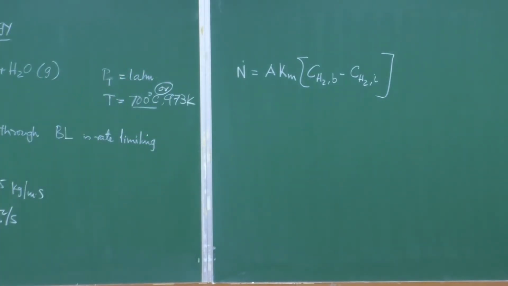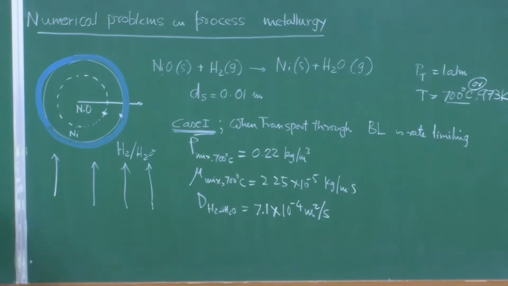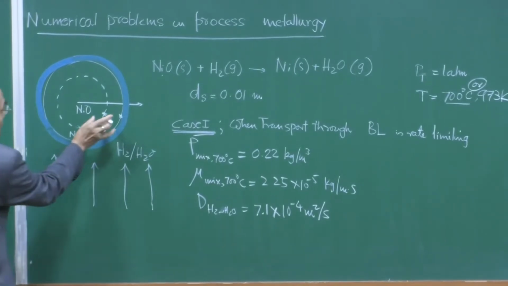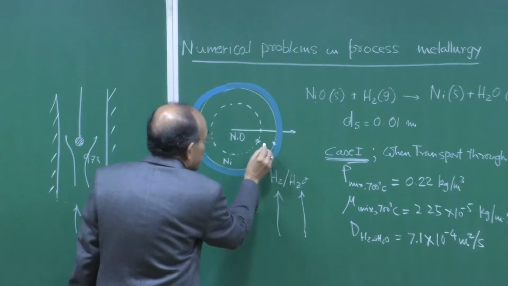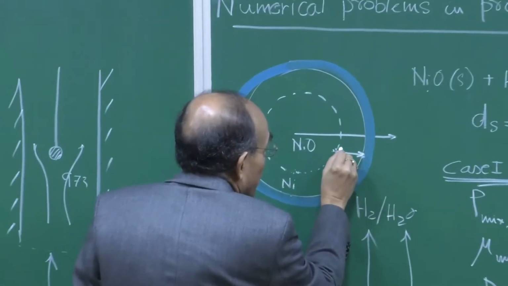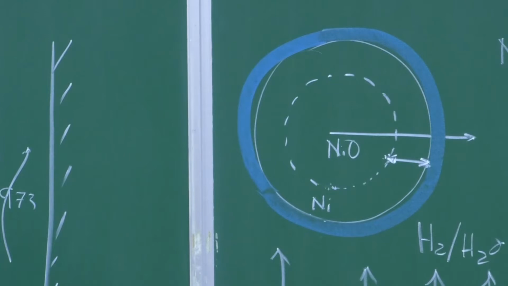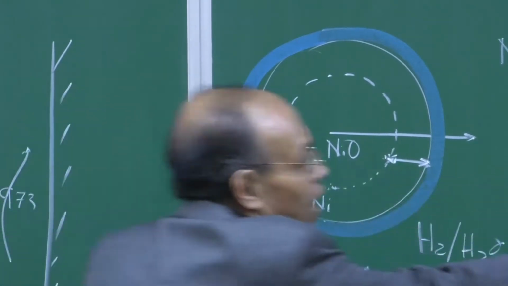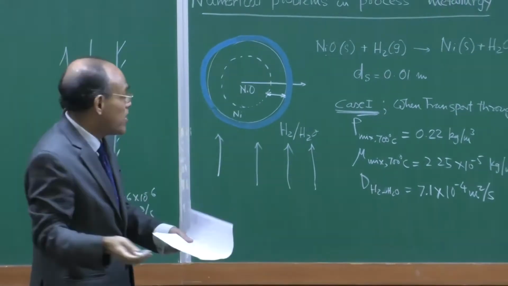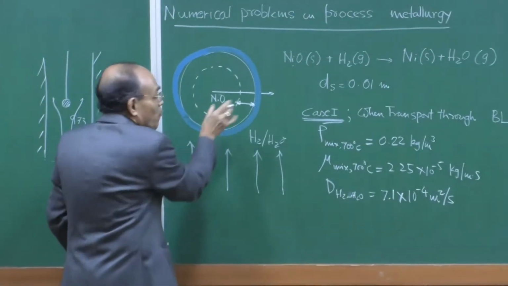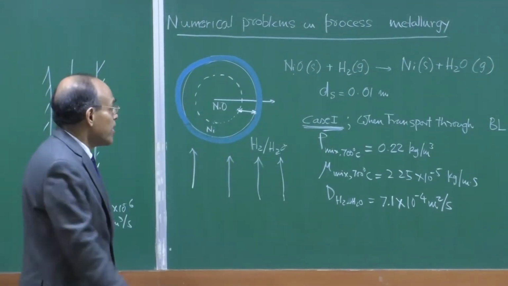Now, whether the interface is here or here, it really does not matter, because diffusion is assumed to be non-existent, which essentially means these two concentrations are identical. Diffusion has been assumed not to influence the rate, so the resistance offered by diffusion does not exist, and there is no concentration difference across it.